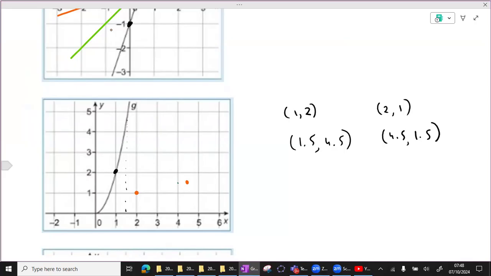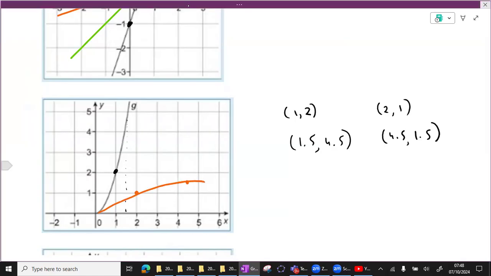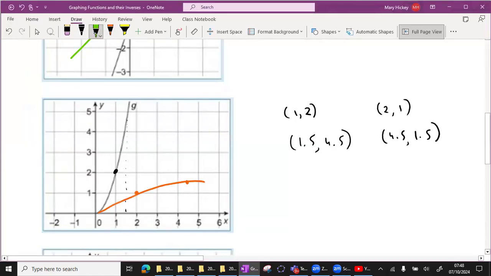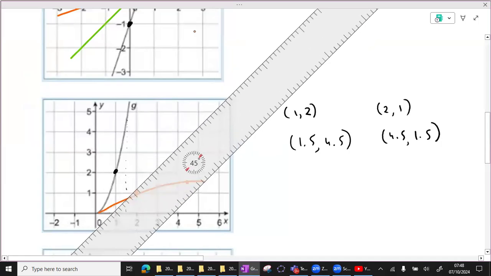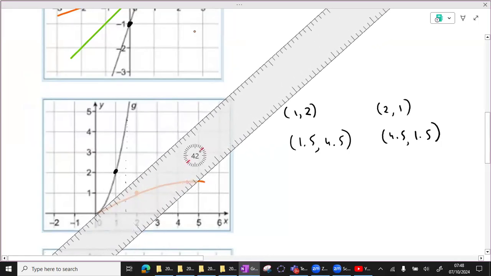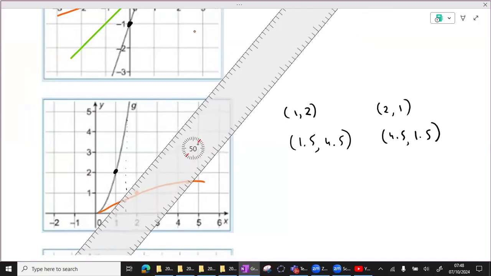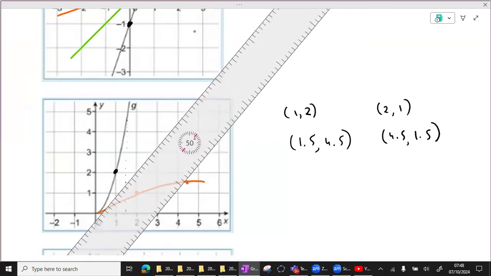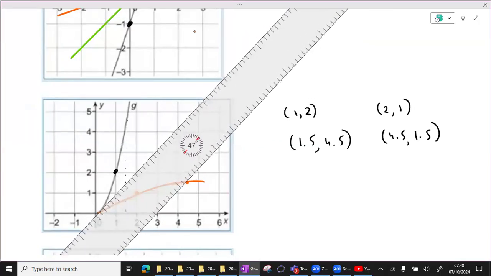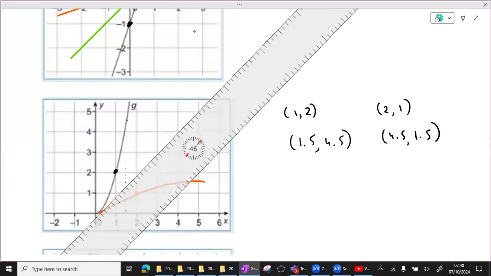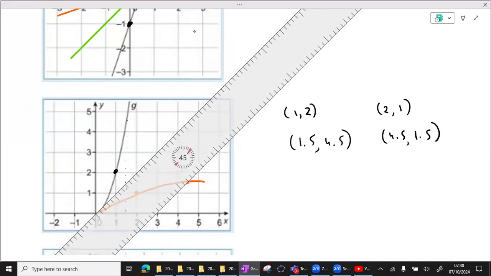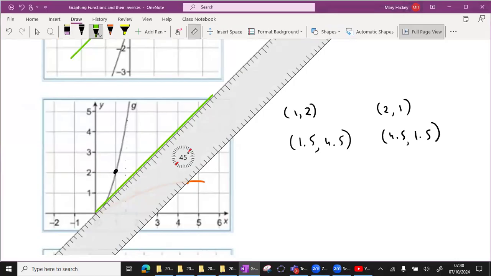Okay. And it's going to start in the same spot. So it's kind of going to look like that. Now, again, if we put in our y equals x line, would this make sense? I'll just do it as best I can. Okay, that's probably as good as I'm going to get it.